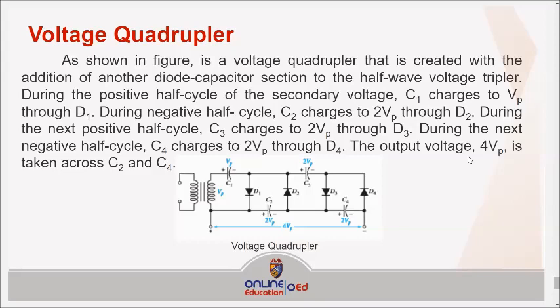Then during the next negative half cycle, yung capacitor 4 magcha-charge siya to twice nung VP through diode 4. Then para pagsama-samahin lahat na tong mga application, magiging ang output niya is magiging 4 VP na. Then dito ay makikita natin dun sa capacitor 2 at saka capacitor 4, that this is the voltage quadrupler schematic diagram. Okay?